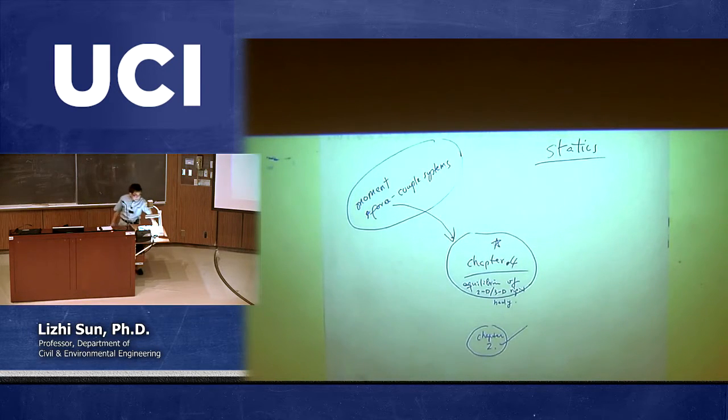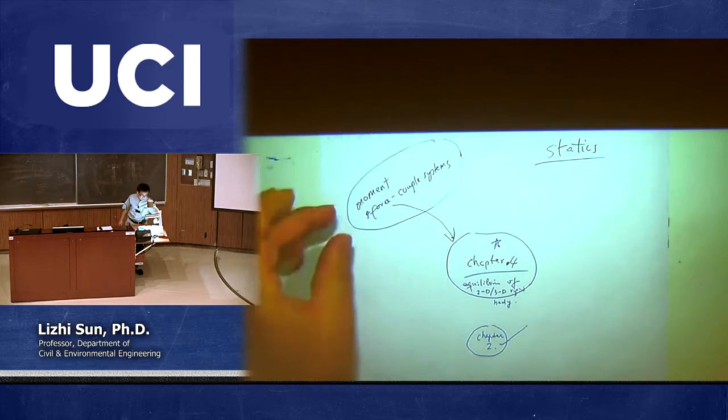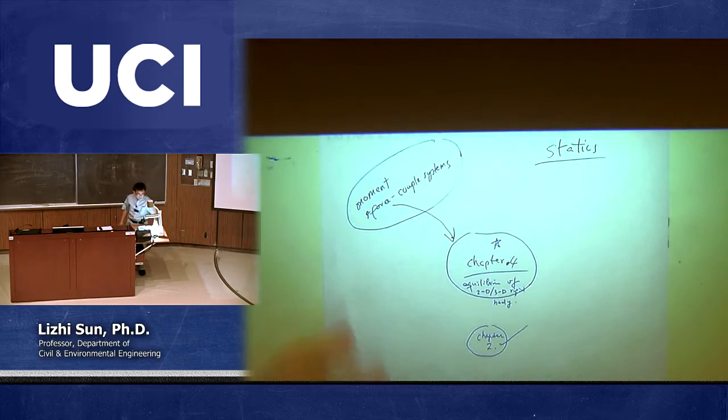Okay, so this part basically talks about the moment and the force couple system, which is the preparation for chapter 4. Because those governing equations we obtain are based on chapter 3. One of the equations for 2-dimensional problems in chapter 4 is to establish a moment equation. So without chapter 3, there's no way you can establish the moment equation. So that's why chapter 3 is the preparation for chapter 4.